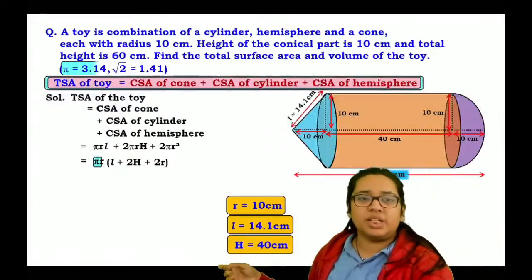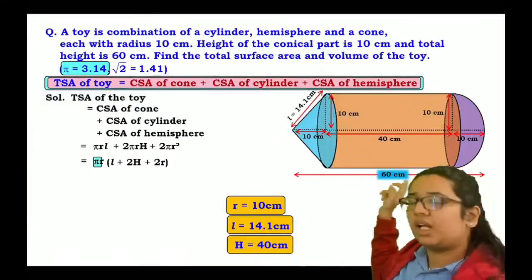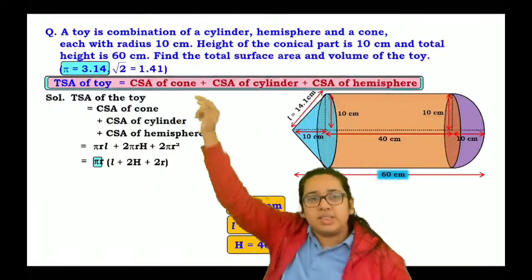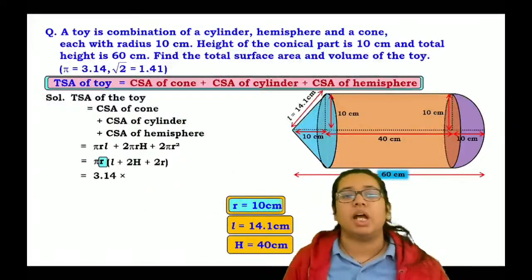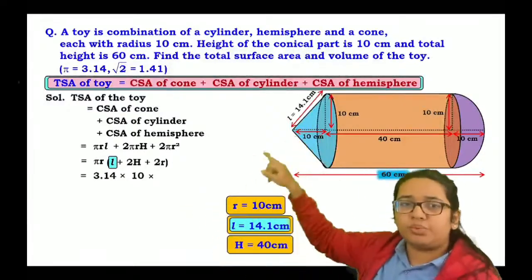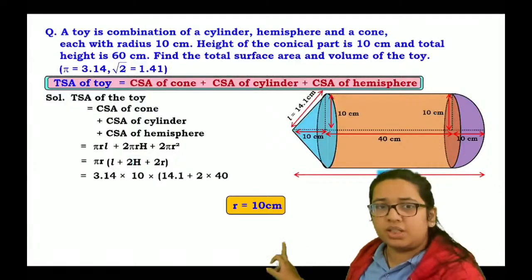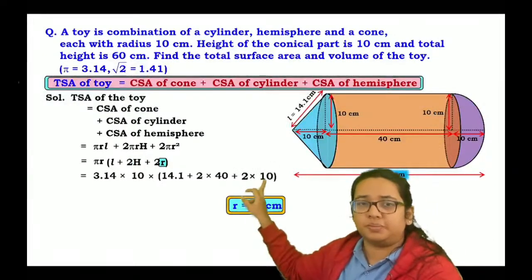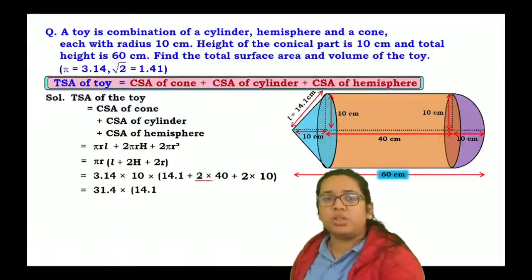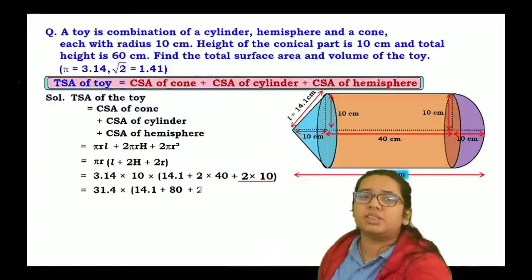So you will get pi r into l plus 2 times h, which is the height of the cylindrical part, plus 2 times r. So pi is 3.14, r is 10, into l which is 14.1, plus 2 times 40 plus 2 times 10. So after calculating this, you will get 31.4 into 14.1 plus 80 plus 20.